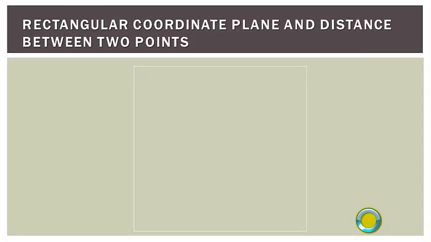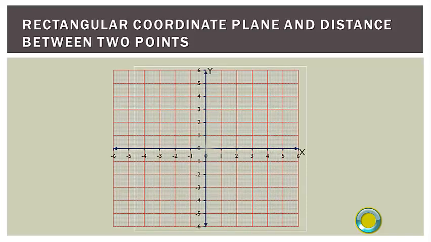Rectangular coordinate plane and distance between 2 points. This is what we call a rectangular coordinate plane or coordinate grid. It consists of a horizontal number line, that is this line, and a vertical number line, which is this line, that intersect at a point O called the origin.